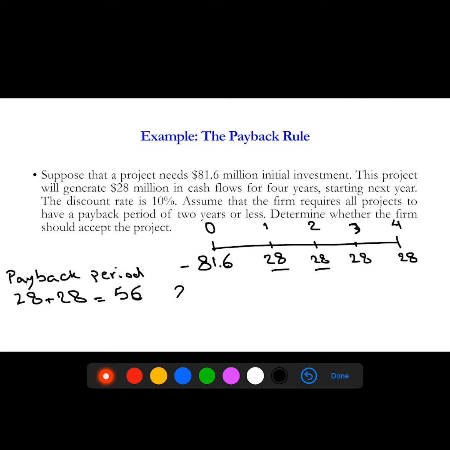So our payback period is not 2. So I need to add another 28. So if I add these things up, it's 84. So since 84 is larger than 81.6, our payback period is 3 years.